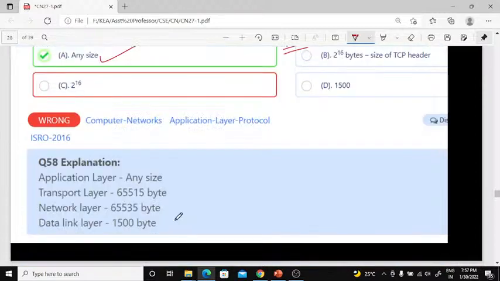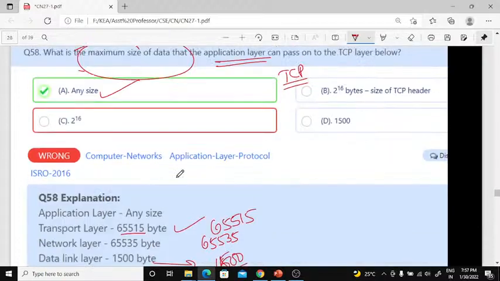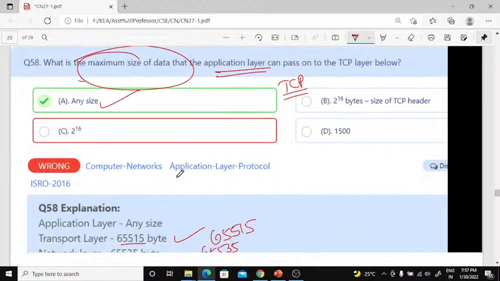For the transport layer it is 65,515 bytes, for the network layer 65,535 bytes, and for the data link layer 1500 bytes. So that is the maximum size.